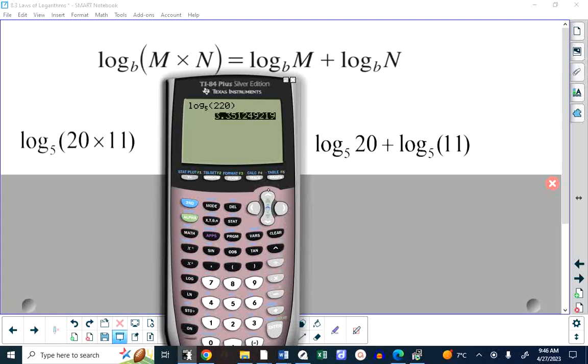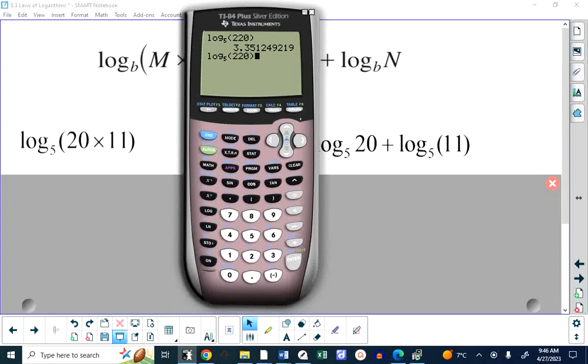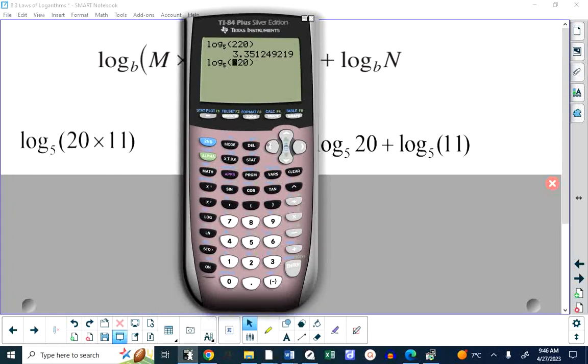So I'm going to have log base 5 of 20 plus, it would be nice if this function had its own key just on the main part of the calculator, log base 5 of 11. See, that's one thing I don't like about this. It starts pushing stuff off the screen. But you get the same result.